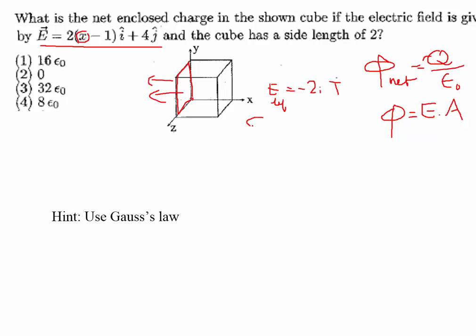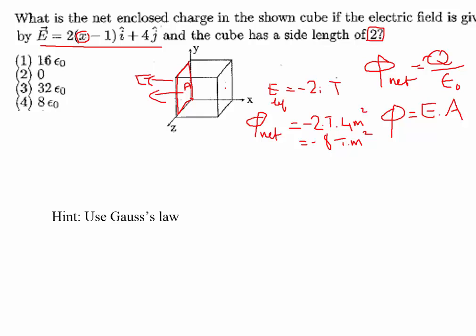Now, what is the flux leaving that left surface? The flux leaving that surface will be that field E multiplied by that area A. What is that area? The cube has a side of 2 meters, let's say. So that area is 4 square meters. Therefore, phi net is -2 Tesla multiplied by 4 meters squared. That will be -8 Tesla meter squared.